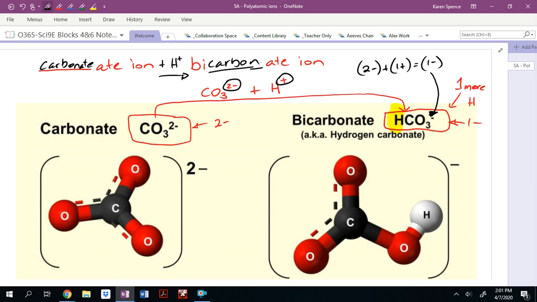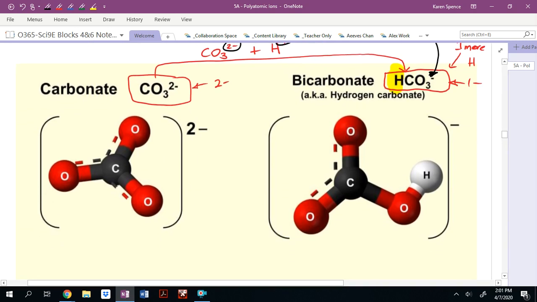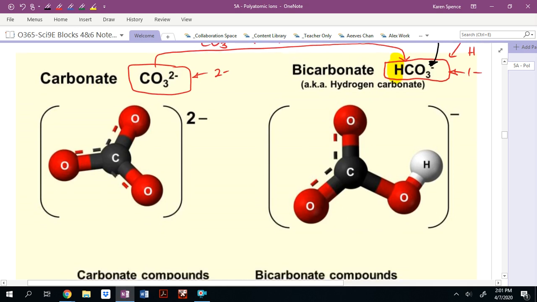You're going to look under B for bicarbonate, and you're going to see HCO3 minus. So don't worry about memorizing it, but just be aware that the relationship between an -ate and a bi-ate ion is that the bi-ate ion has 1 extra hydrogen. This will come in handy if you're taking any advanced chemistry courses, just to be able to know how the ions are named.